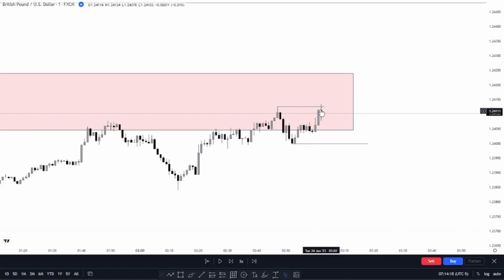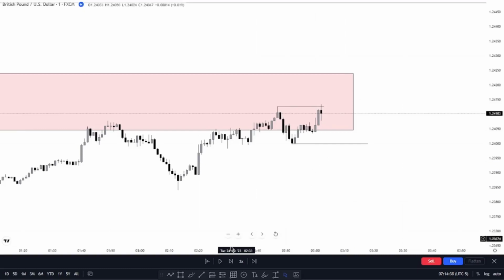Can you see that? Price closed below it. Now we are waiting. If price takes out this low here, we will enter the market without necessarily waiting for price to take out liquidity.